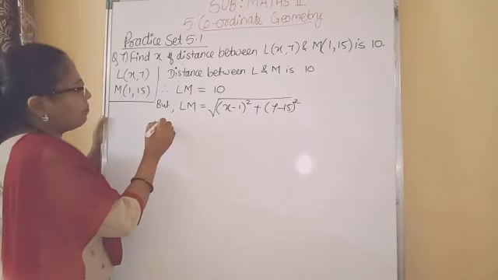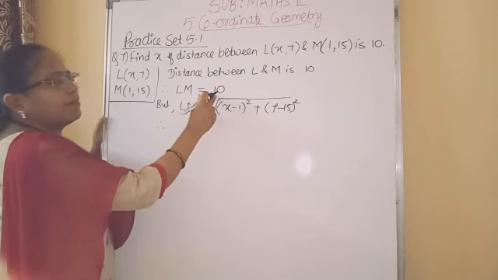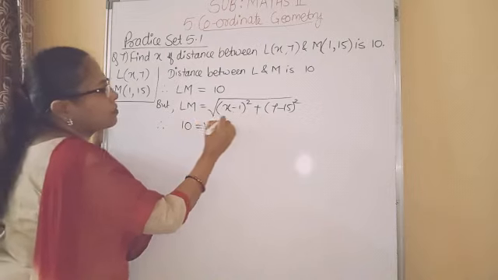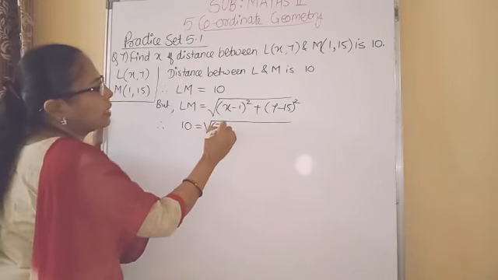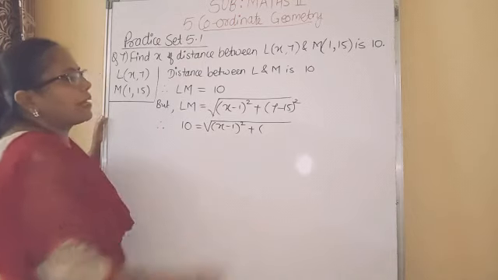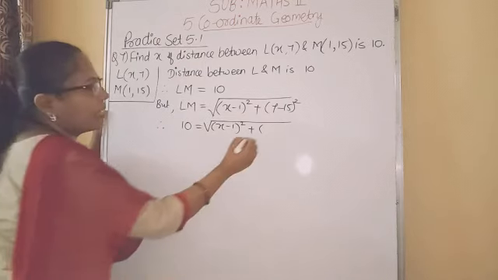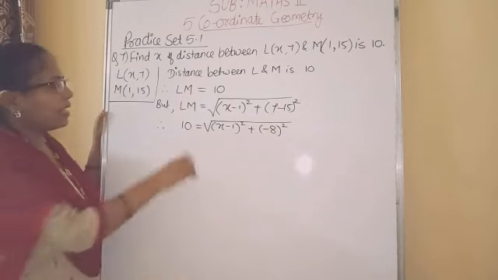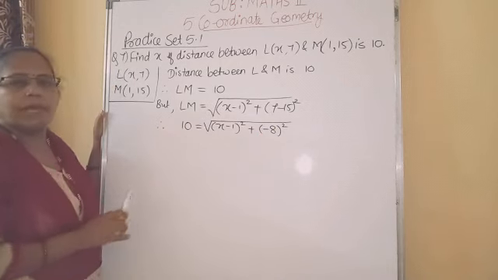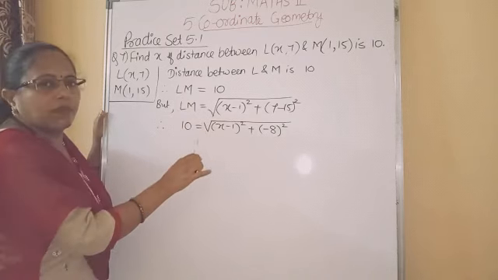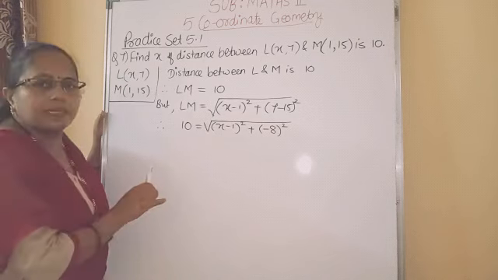Therefore, LM how much is given? 10 is equal to square root of (x minus 1) the whole square plus (7 minus 15), that is minus 8, square. Now again, to remove this square root we will make the square on both sides. Unless and until we remove this square root sign we can't find this x.